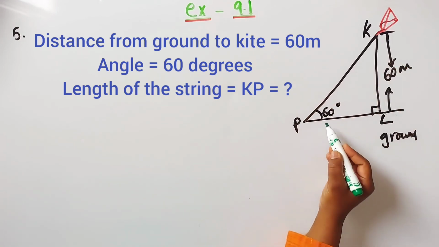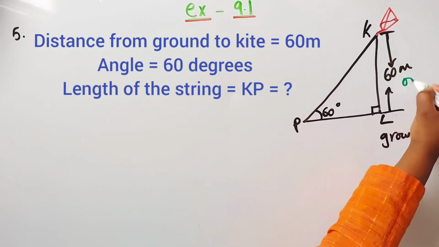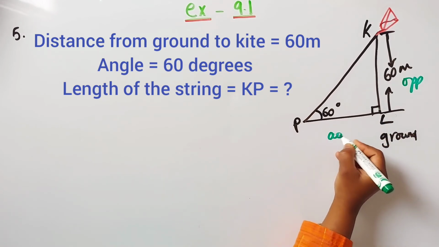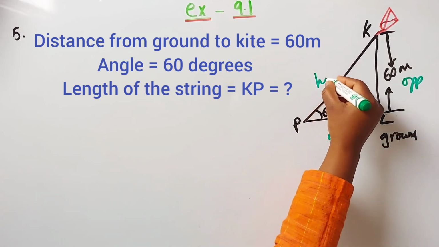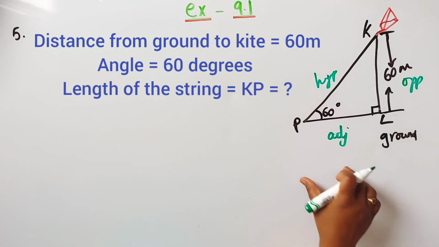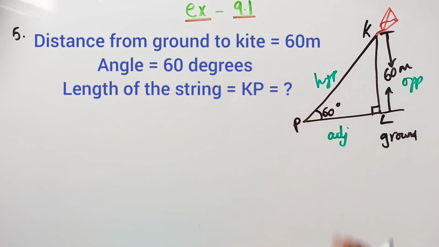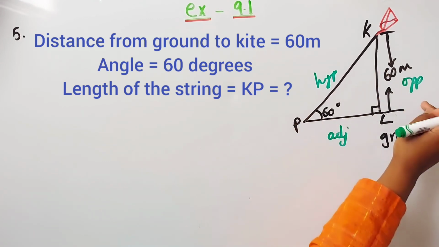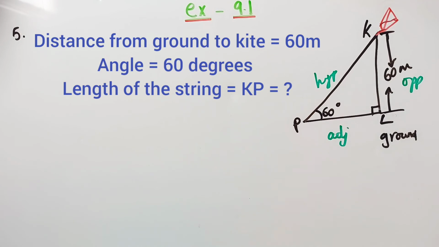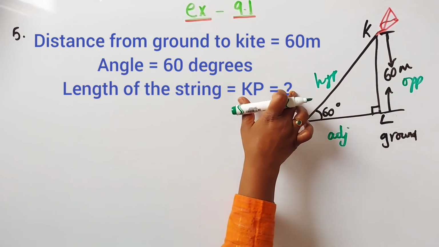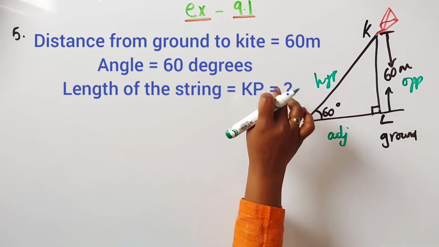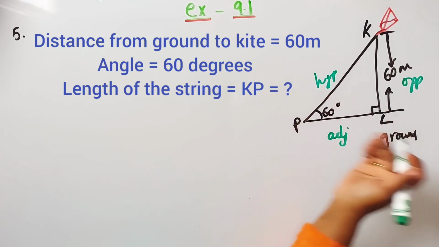Right children? So this is 60 degrees, which means this is opposite and this is adjacent and this is hypotenuse. We want the hypotenuse, children. We already know the opposite side. Opposite we know and we have to find the hypotenuse. So which one do we have to use, children? Sine. Right?